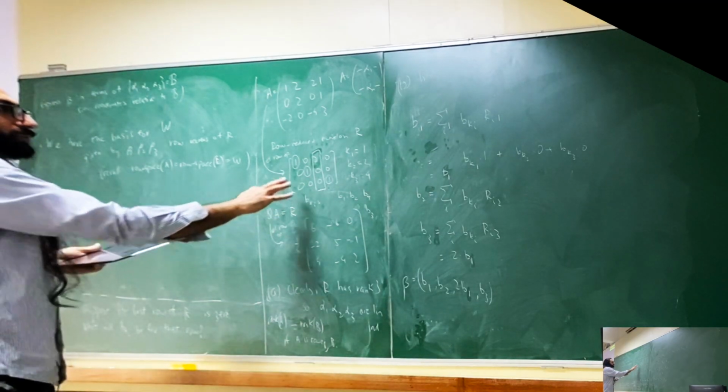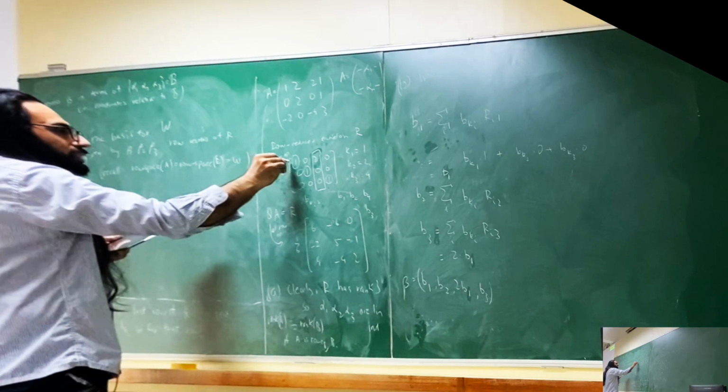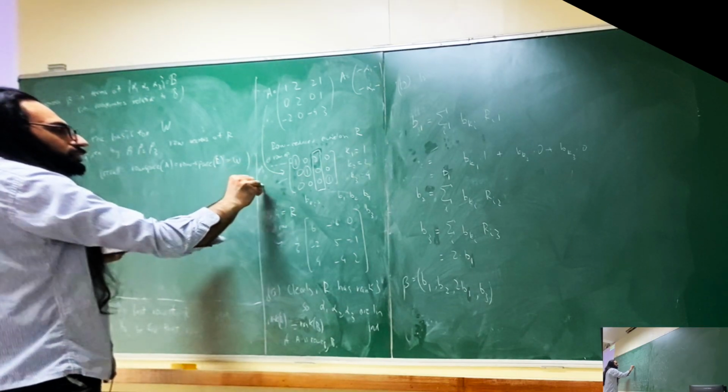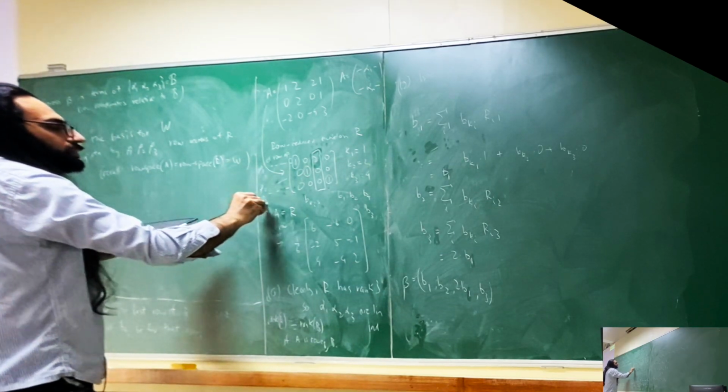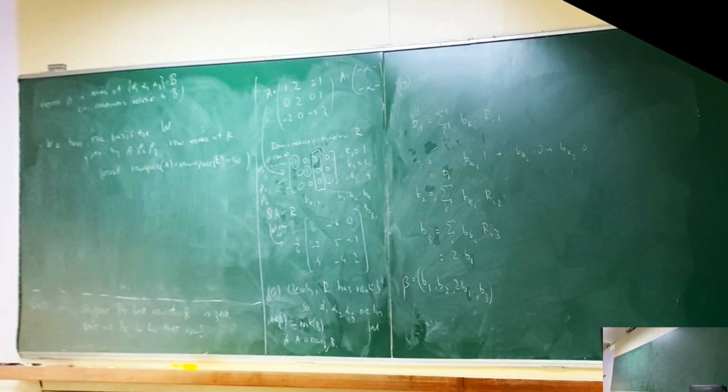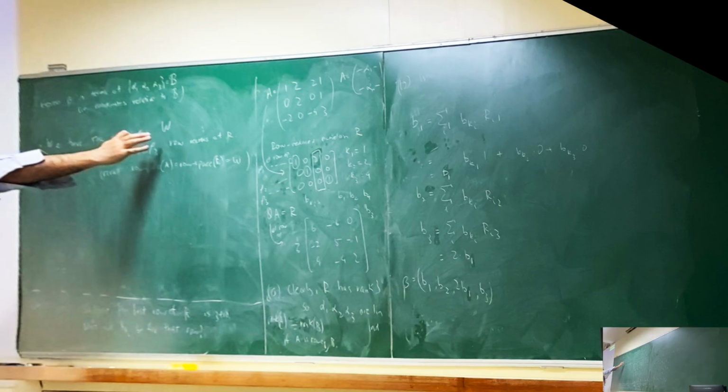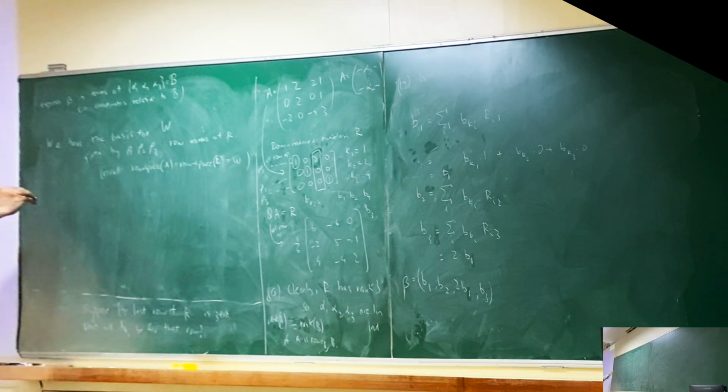We found this matrix, and we're writing each of these rows as R1, R2, R3. So we have the basis for W in terms of these vectors.